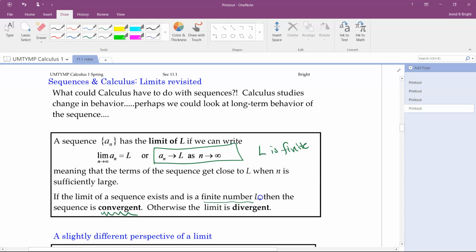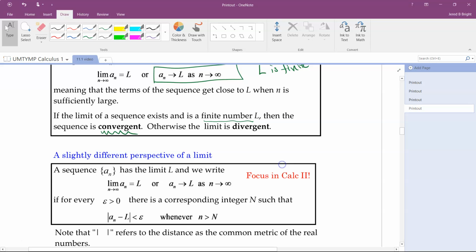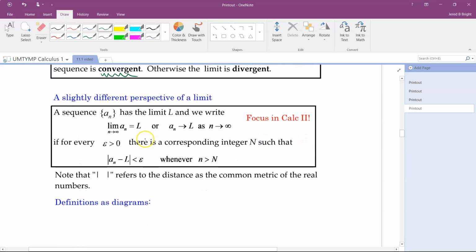Now, this next definition is going to be a little bit of a foreshadow for Calc 2. Same idea in terms of the definition of a limit, but this next bit, this "for every blah blah blah," that's new to us.